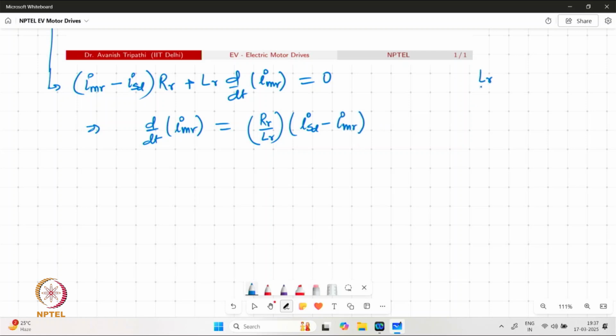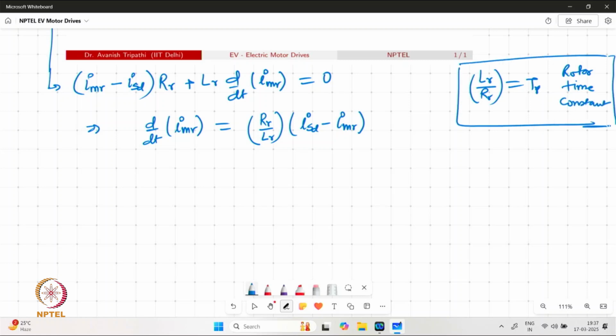Now, this term LR by RR can be defined as the rotor time constant for the machine. So this basically associates with how fast our IMR is settling if we have given a reference or if we have a given command for ISD. So essentially working like a low pass filter.